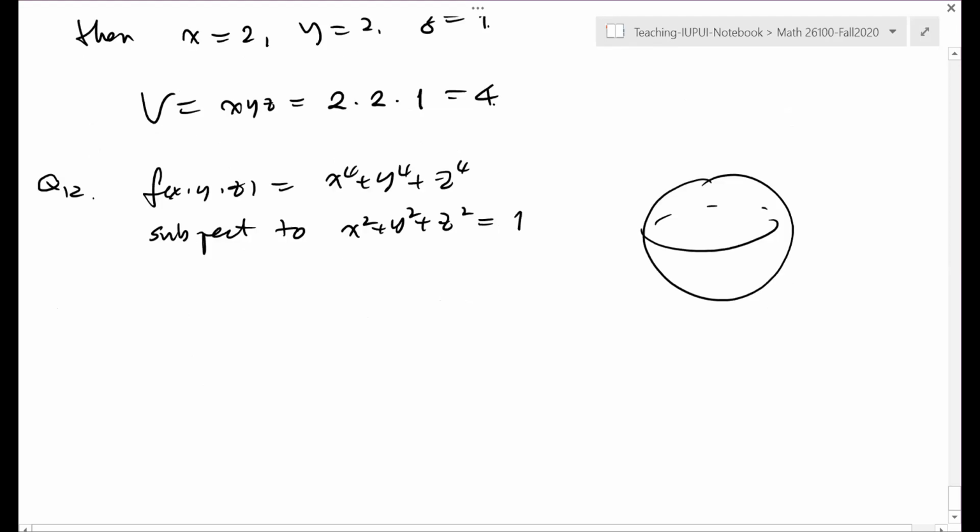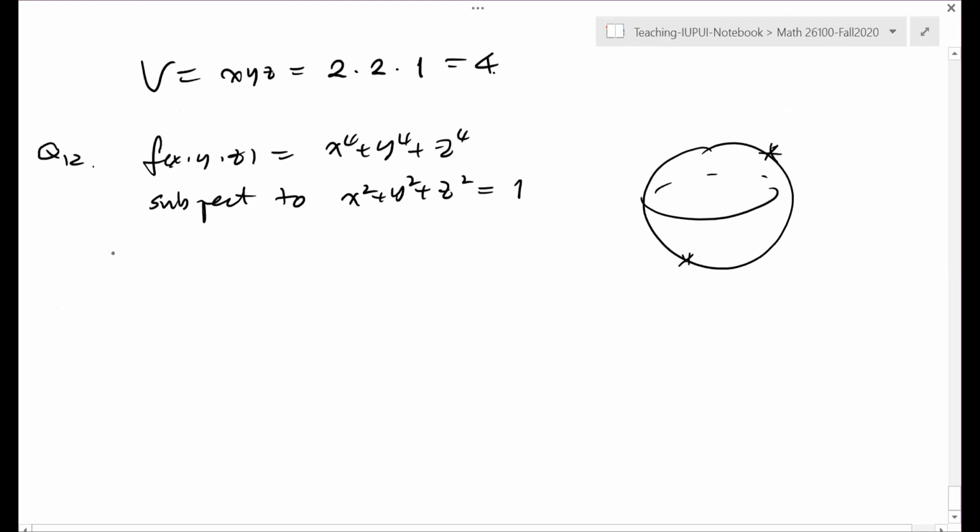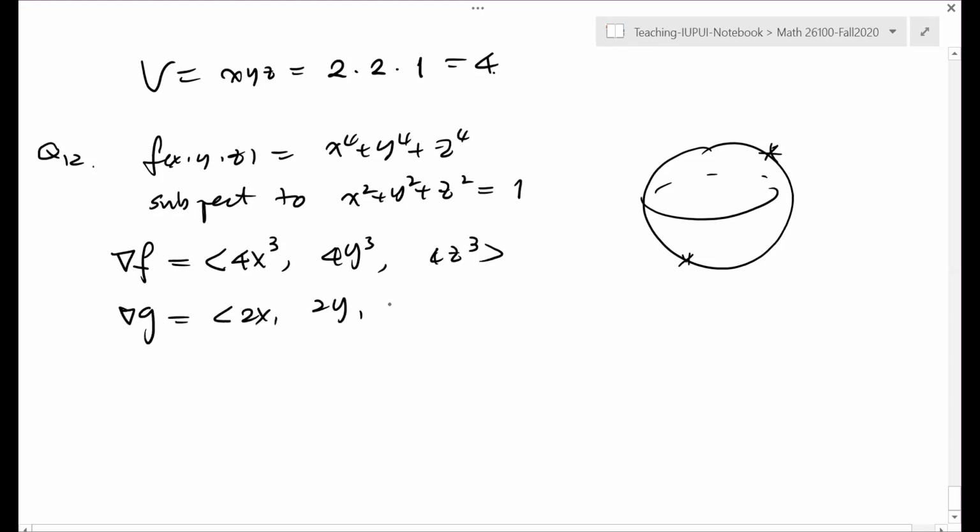And so all I have to do is to find if the function has the maximum value somewhere, and that function must have a minimum value somewhere here. So we want to find those 2 points, and then you have to look at the gradient. So the gradient of f is going to be 4x cubed, 4y cubed, 4z cubed. And the gradient of g is going to be 2x, 2y, 2z, okay?